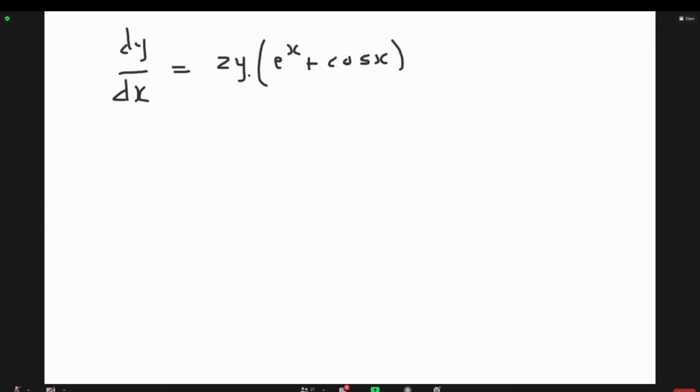Therefore, 1 over 2y dy equals dx. I'm spelling it out; you can skip this step if you want. Okay. All right. Now we need to get rid of the dx here.